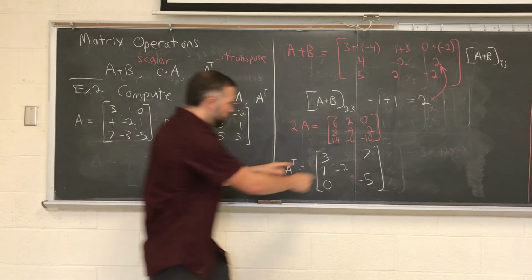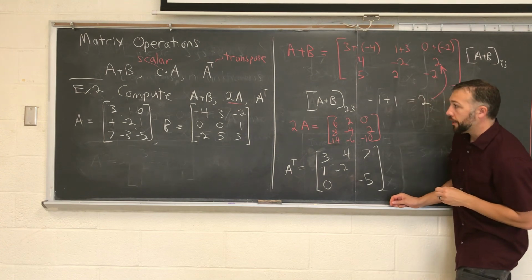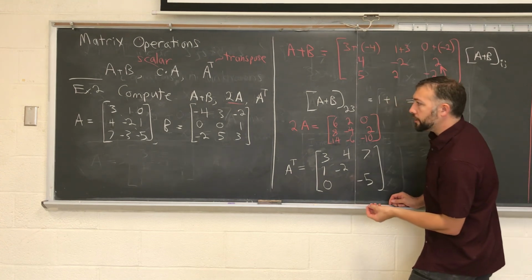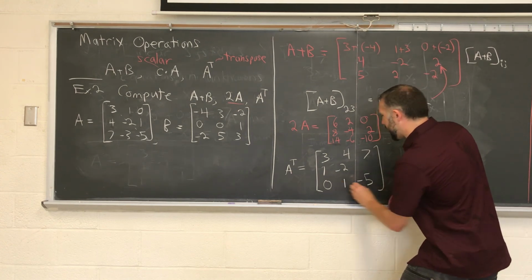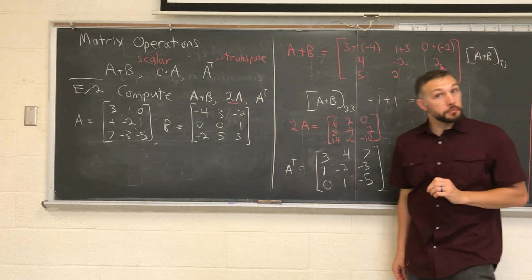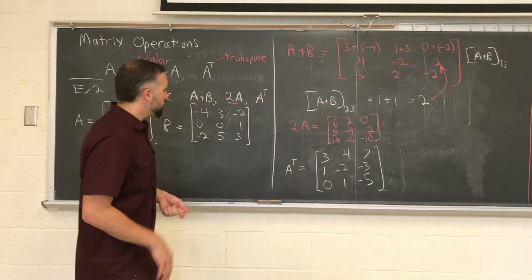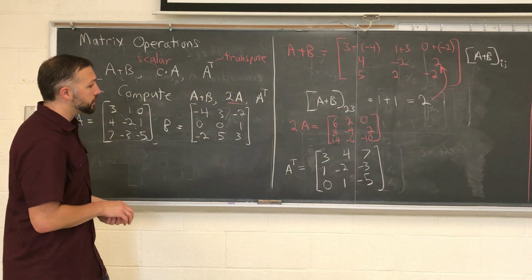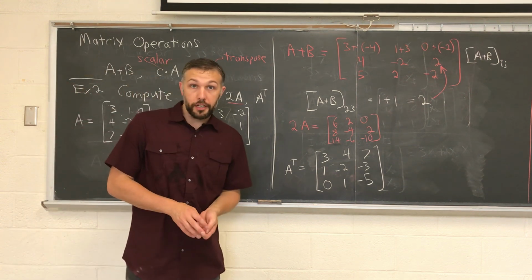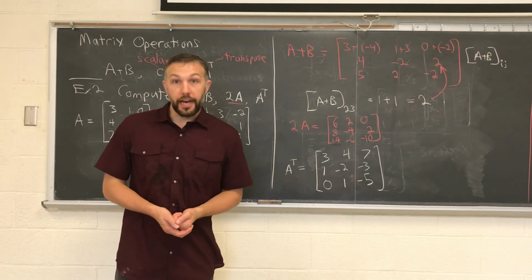The 4. 3 and 7, what's between them is still the 4. Okay, and, well, we're almost done, so looks like the 1 has to move and the -3 has to swap with it. Okay, and so that's what we mean when we talk about the transpose of a matrix. Okay, so here's some basic operations. The only one that's left to talk about is a little bit more difficult, and that is, what about a matrix times a matrix?